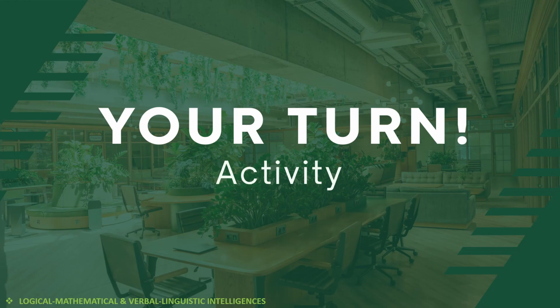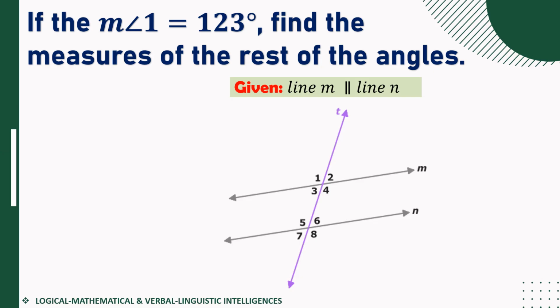Now, this time, let's try if you can apply already the additional information I provided a while ago. For our first example, if the measure of angle 1 is 123 degrees, we find the measures of the rest of the angles. So it's very easy. Apart from those additional information, you can also apply the previous angle pairs discussed.